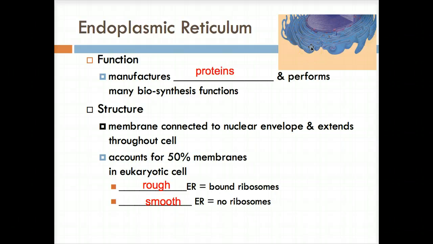We already said who makes the proteins: the ribosomes. So this is where protein synthesis occurs, on the ribosomes which are bound to the endoplasmic reticulum. The structure is a membrane which is connected to the nuclear envelope and extends throughout much of the cell, accounting for about 50% of the membrane. There are two types: the rough ER, which has bound ribosomes, and the smooth ER, which does not have any ribosomes.